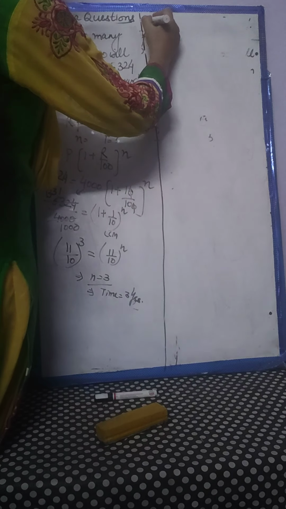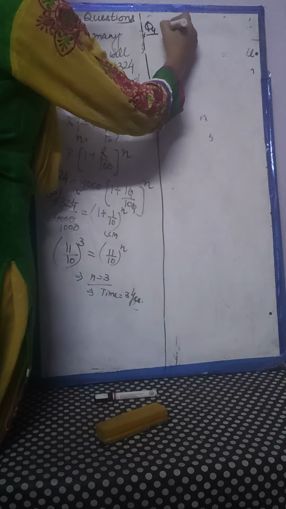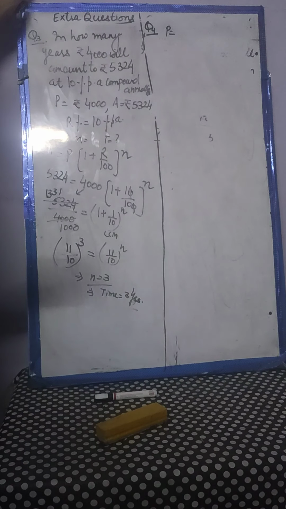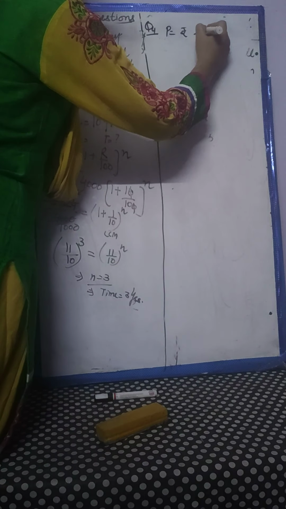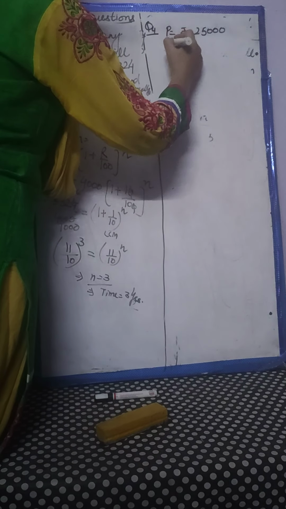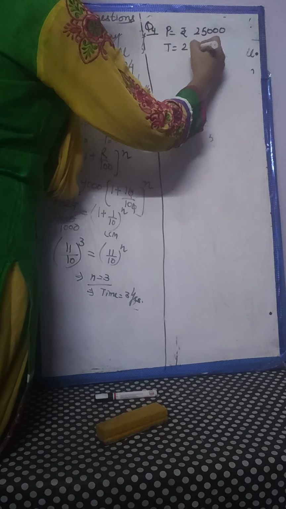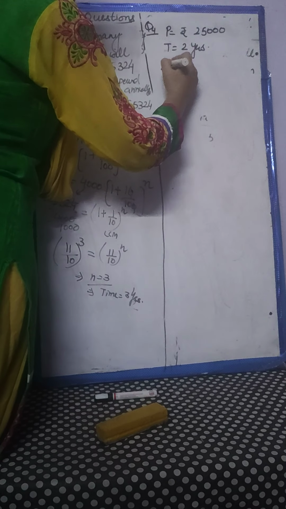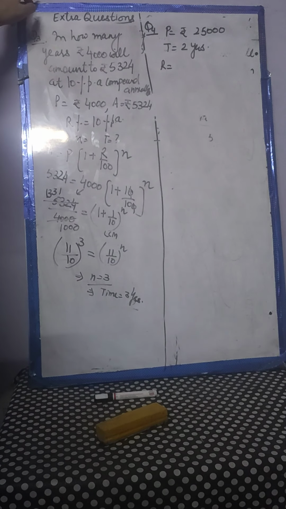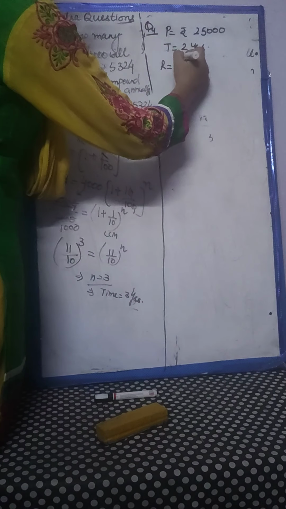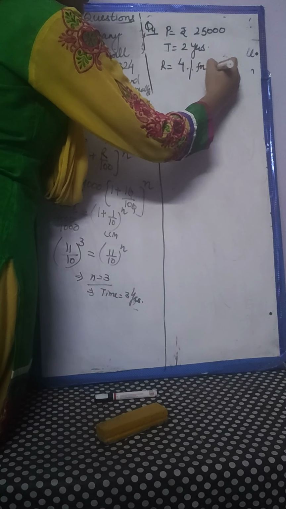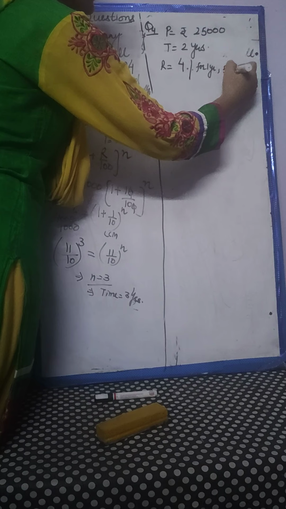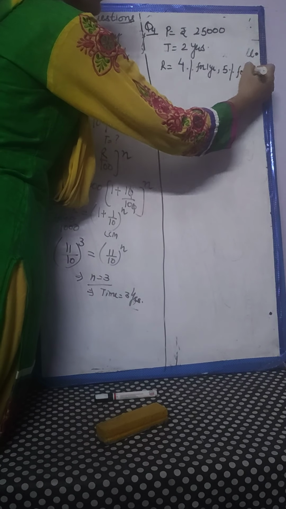What is given here? I am writing only the required things. Principal is rupees 25,000 and time is 2 years, but how much is the rate? Rate is successively different: 4% for 1 year and 5% for the other year.